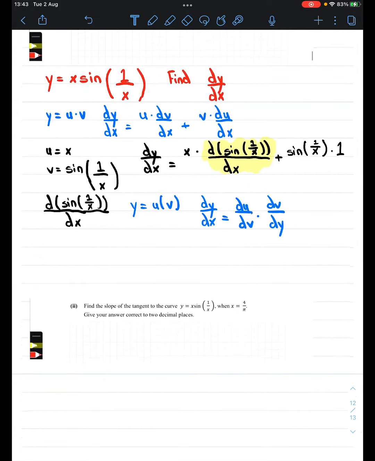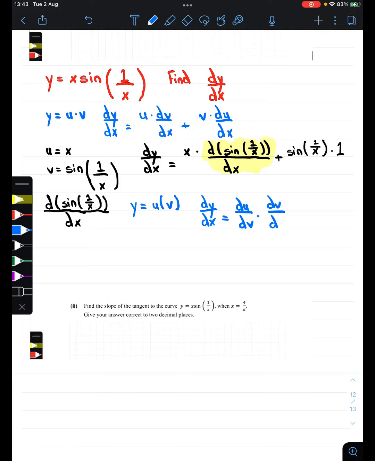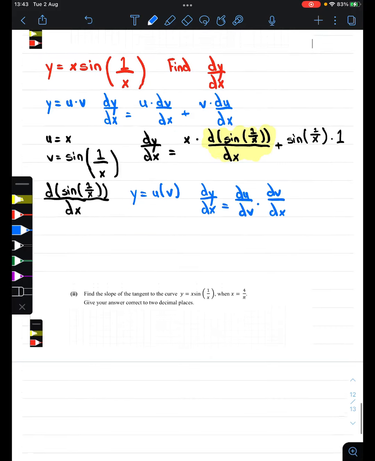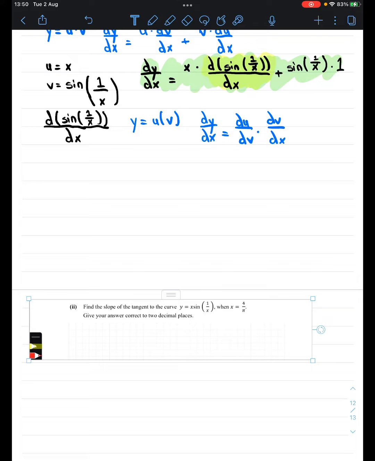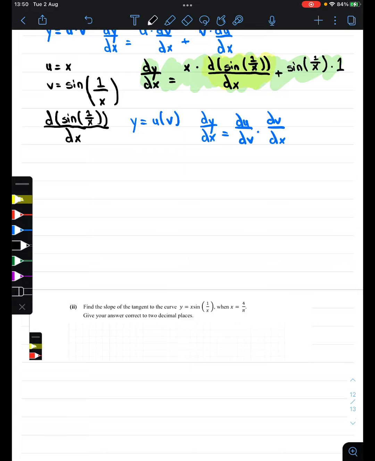Sorry, that's dv/dx, not dv/dy. Okay. So we've got a function within a function. So our u equals sine of v, and v equals 1 over x.